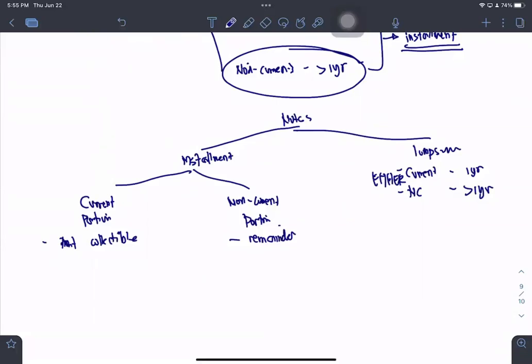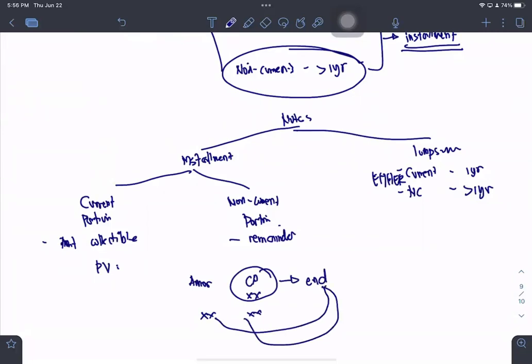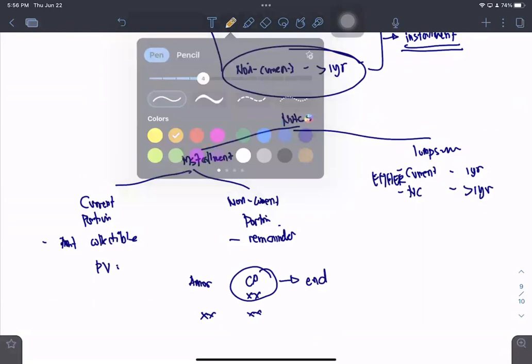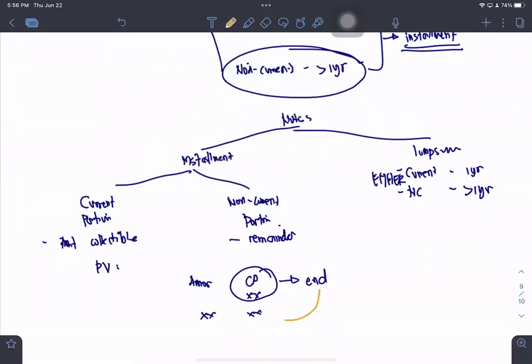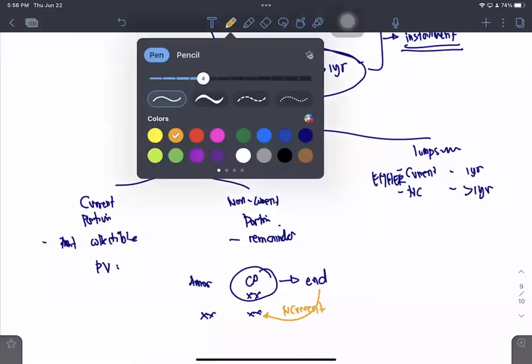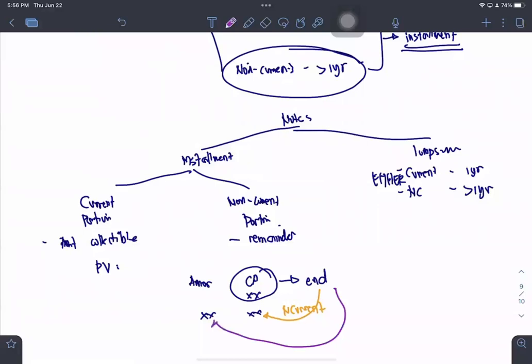And normally, if you are using present value, you have here amortization, right? And then carrying amount. So this carrying amount is the ending carrying amount, right? But this ending carrying amount is divided as to these two items. So what are these two items? I'll use other colors so that you can see it. The next ending carrying amount is known as the non-current portion, while the next year amortization is known as the current portion.